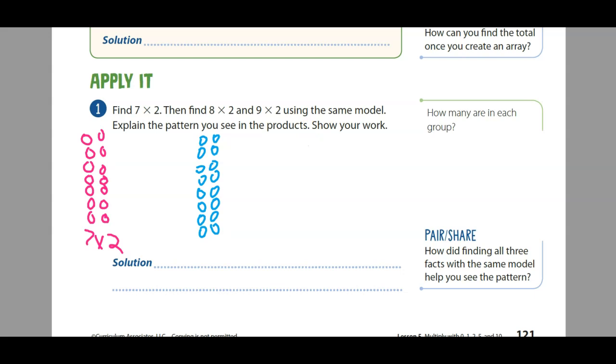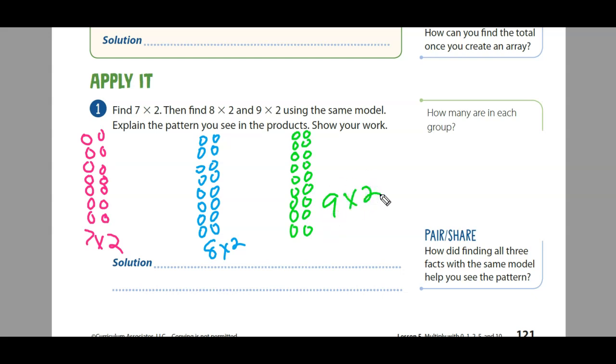Let's do that in a different color. So this is 8 times 2. And then 9. 1, 2, 3, 4, 5, 6, 7, 8, 9. And then another column, because there are 9 rows and 2 in each row. And this one would be 9 times 2.